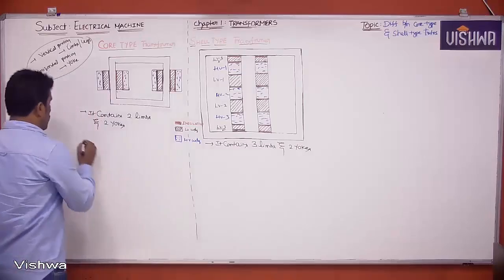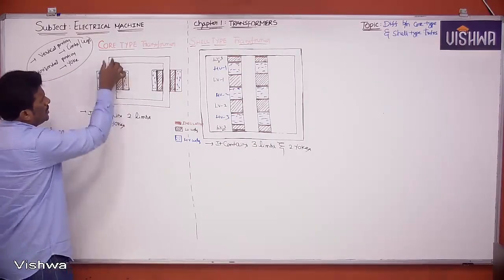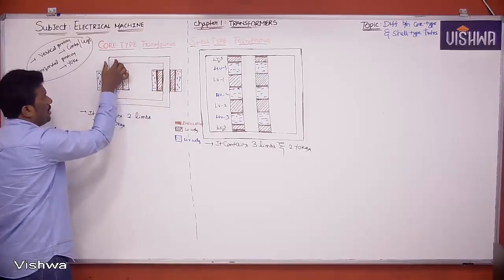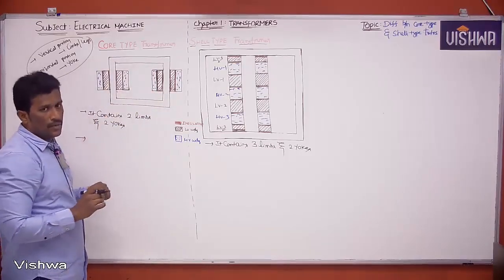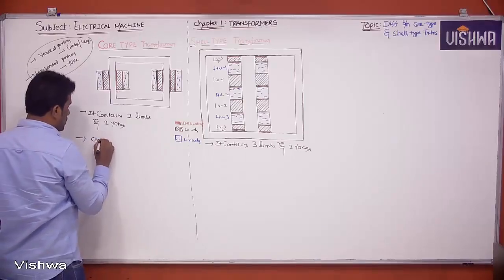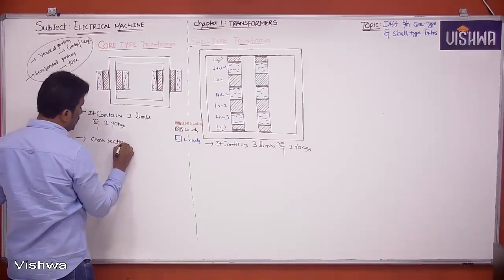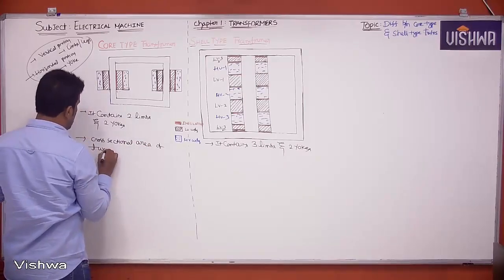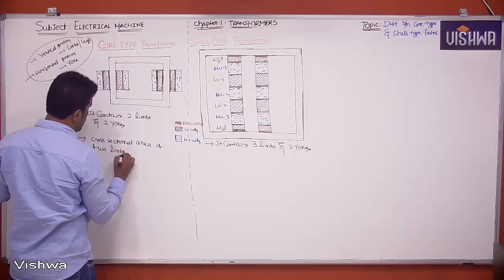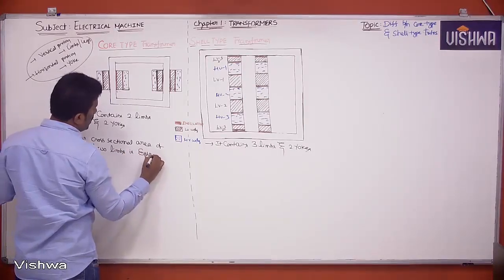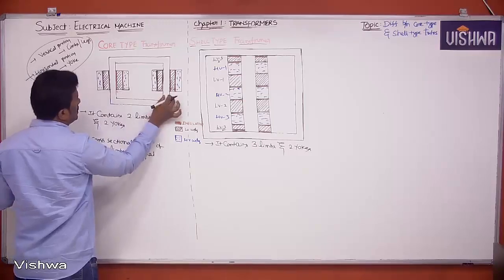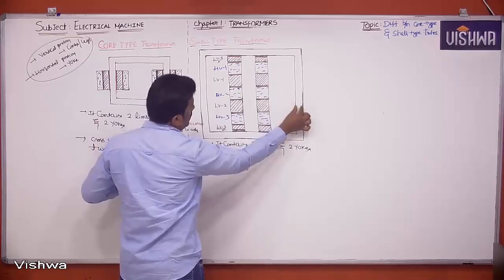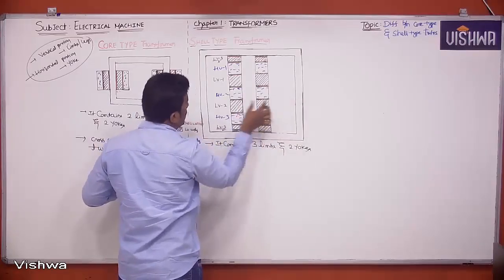Okay. And one more thing here. If you observe clearly, the cross-section area of these vertical portions, these limbs, are equal here. So let me write here: cross-sectional area of two limbs is equal. And what about here? Cross-section area of outer limbs is 50% of cross-section area of middle limb.